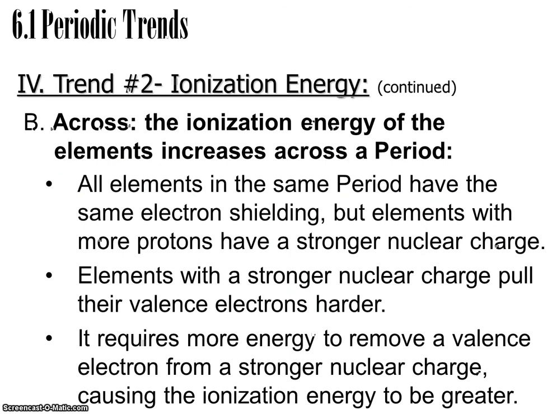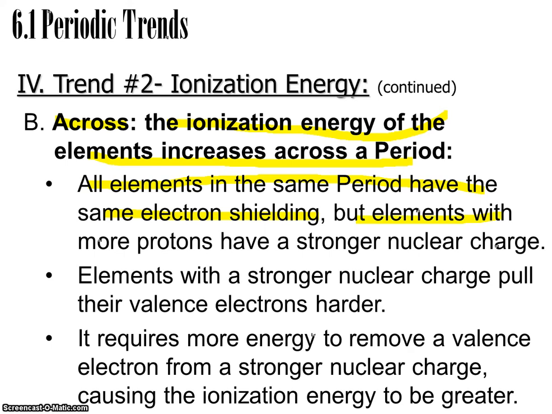We also need to know the trend for ionization energy going across the periodic table. For any given period across, the ionization energy of the elements increases across a period. The reason is because all elements, as we know from discussing atomic radius, have the same electron shielding because they have the same number of energy levels.